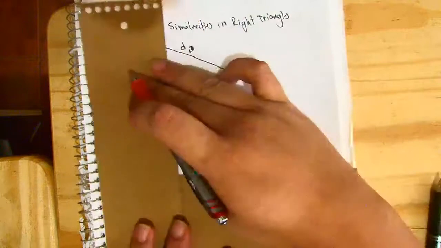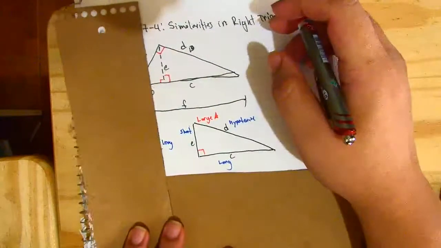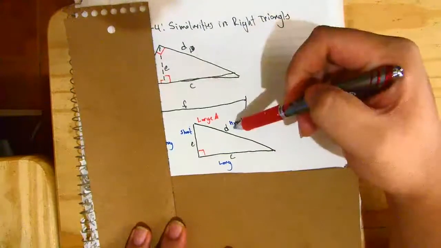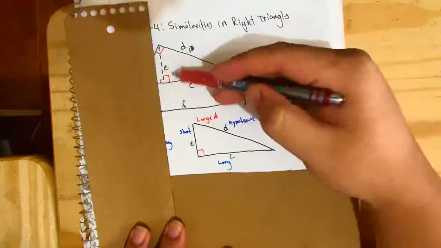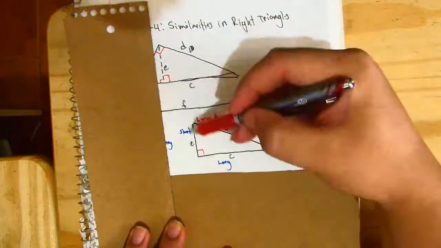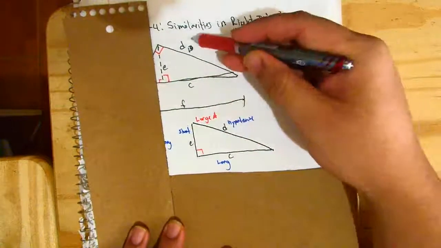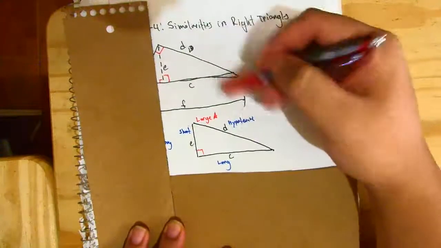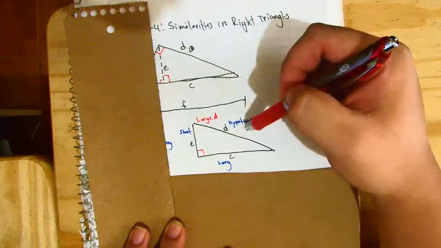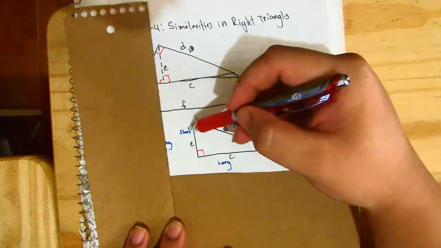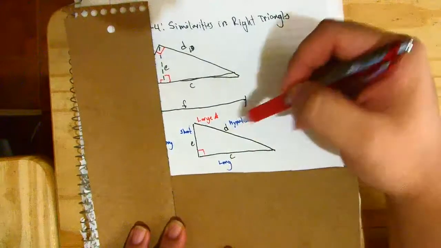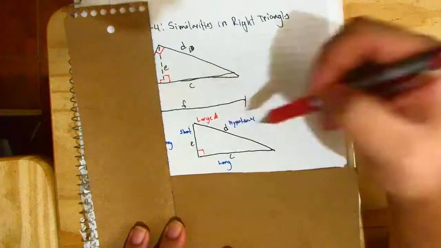Then draw the large triangle, and once you draw it, put down the values that represent each side: E for this side, C for this side, and D for this side. Make sure you label the sides to make it easier for you when you're doing your assignments. This is the short leg, this is the long leg, and this is the hypotenuse, because once again it's the opposite side of the right angle.